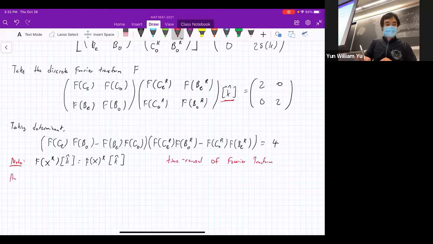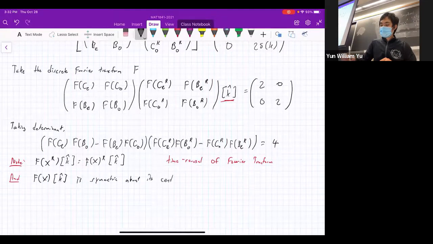And it turns out that f of x of k is symmetric about its central bin. Why is that the case? For those of you who have seen Fourier series, the answer is that it's because x is a real function.